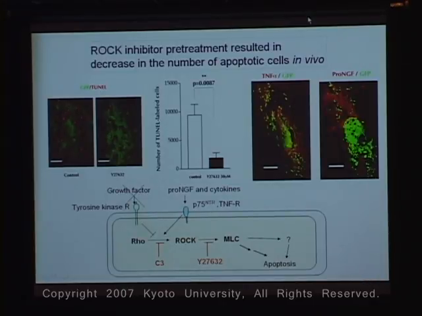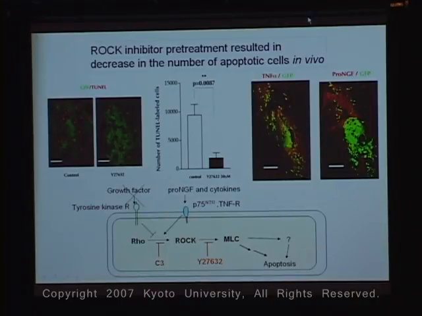We are also thinking of another explanation for this decrease. When the cells are injected by needles, acute inflammation occurs around the graft, which results in the secretion or accumulation of cytotoxic cytokines such as TNF alpha or pro-NGF.